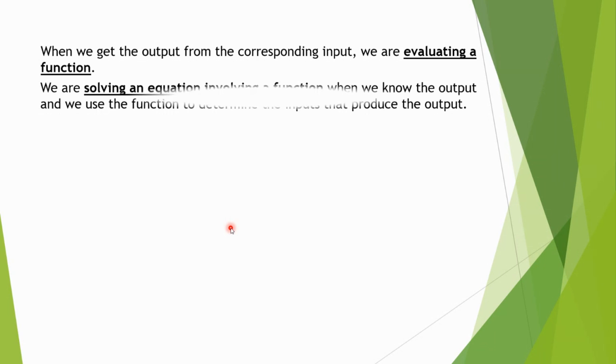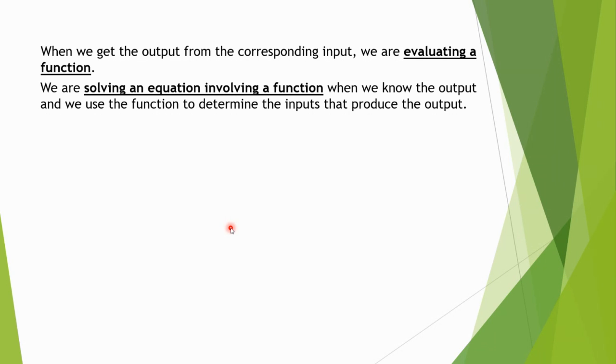You may also have to do this: sometimes you don't know the input, but you're given the output. That's what we call solving an equation involving a function. In that case you have the output, but you want the input. Sometimes you can get the input, sometimes you can't. It depends on the function.